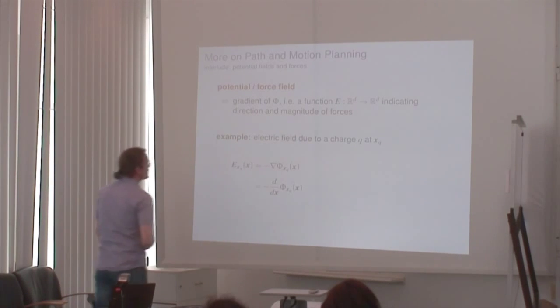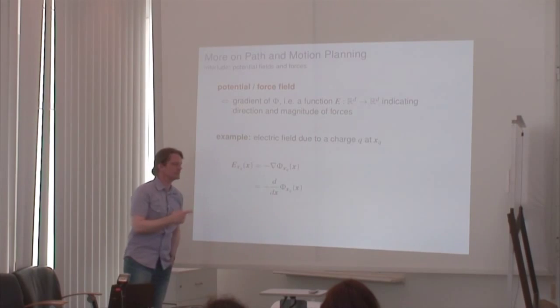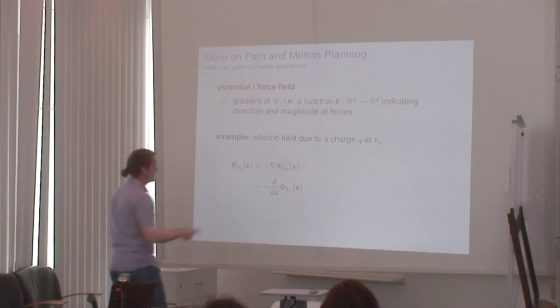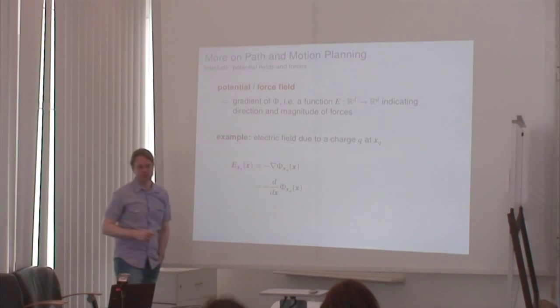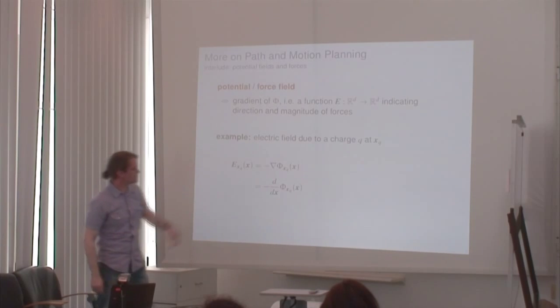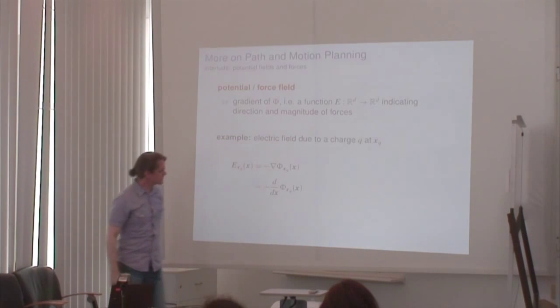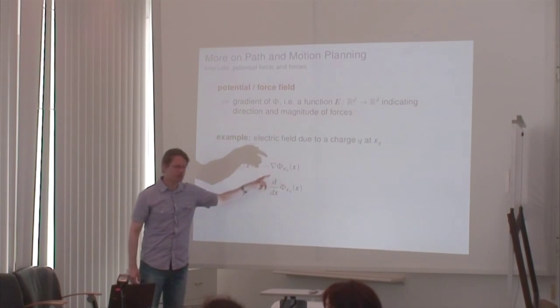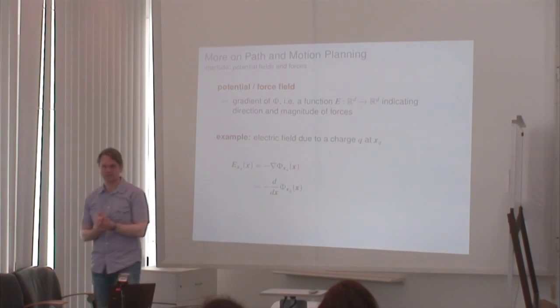Here is the example of the electric field due to a charge q at x_q. It is basically the negative gradient of the potential we just discussed. And another way of writing this gradient is to say that we have to derive this function with respect to the vector x.